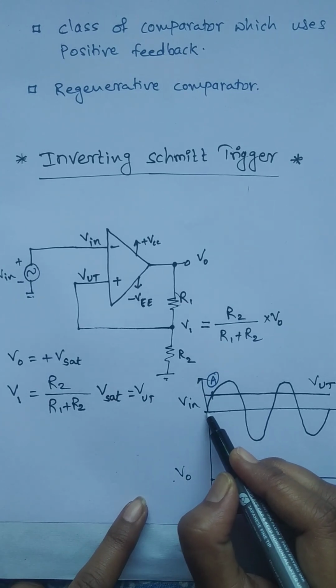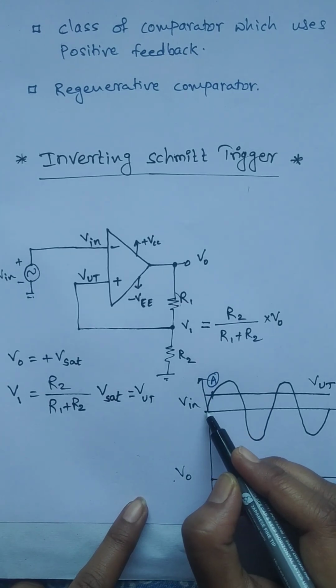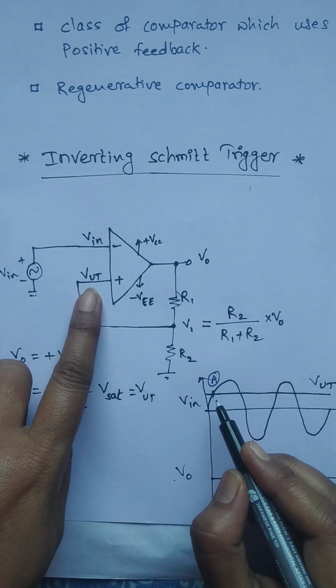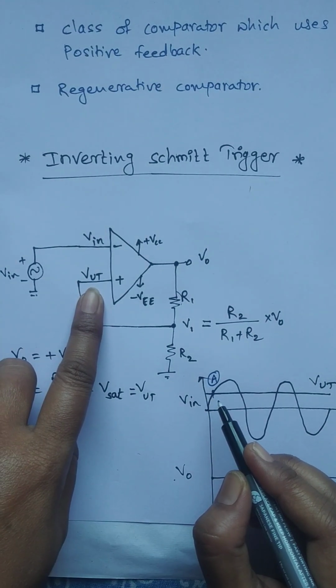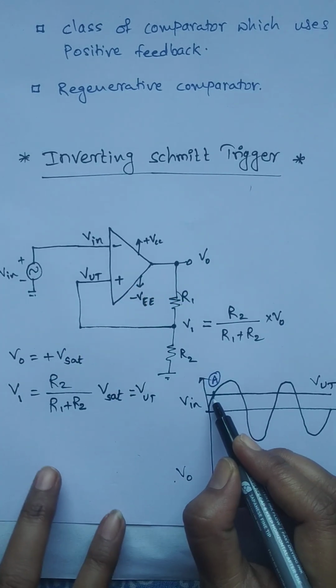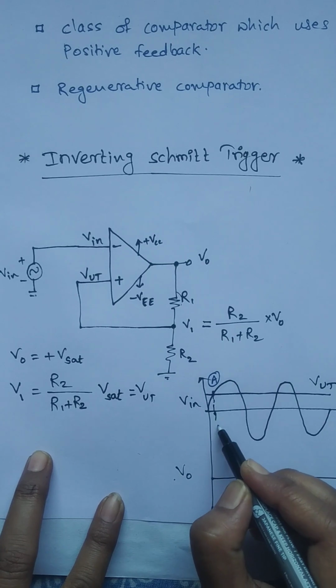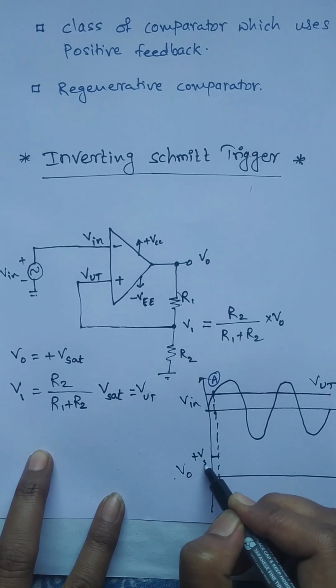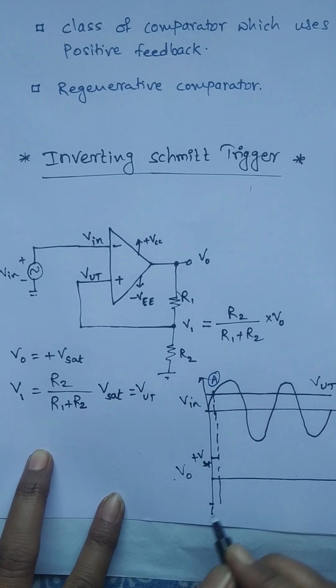Now you can see from the 0 point up to point A, V input is smaller and VUT is greater. So VUT being greater means the output voltage will, of course, be plus Vsat. So up to this point, the output voltage will be plus Vsat. Let us call this the minus Vsat point.